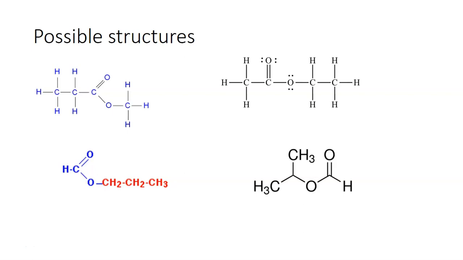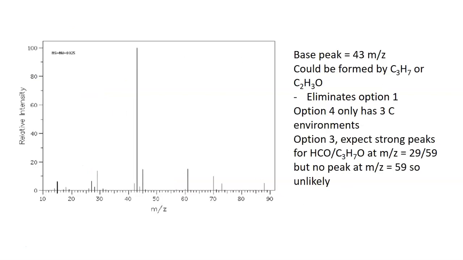Okay, and that's where it gets a little bit tricky. But actually, because 43, and again, on your reference sheet, it does have some information about this, 43 is a really common fragment that you can make in quite a lot of ways, which is slightly more challenging for this particular molecule.